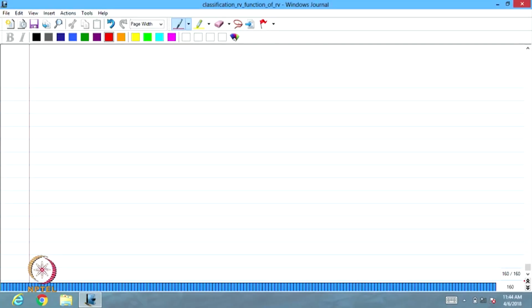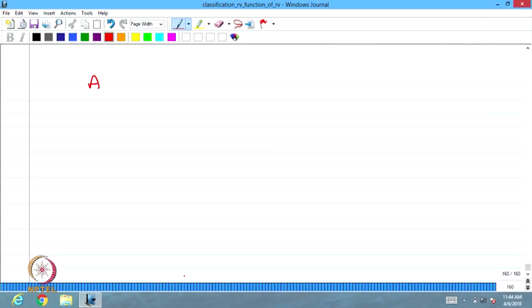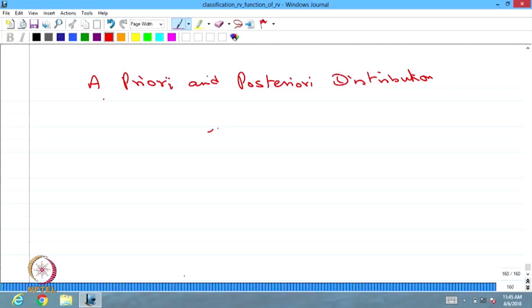There is a very important result on using the Bayes rule, that is called the prior and posterior distribution.